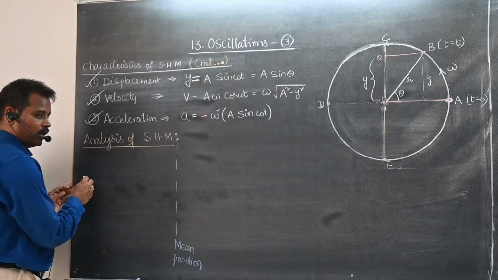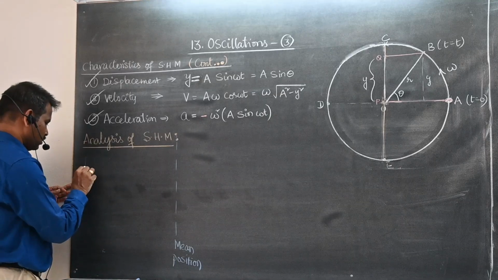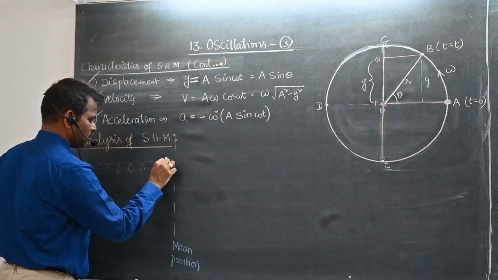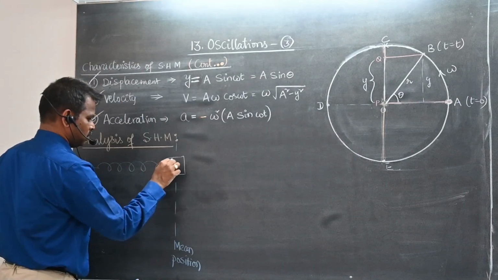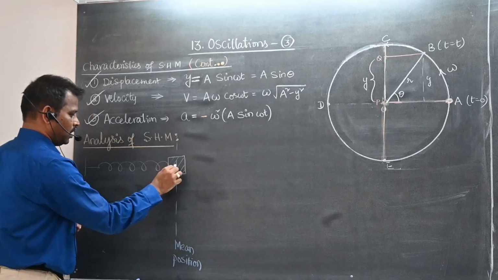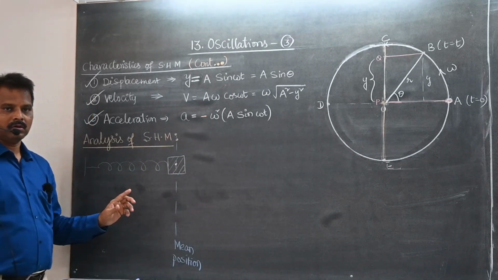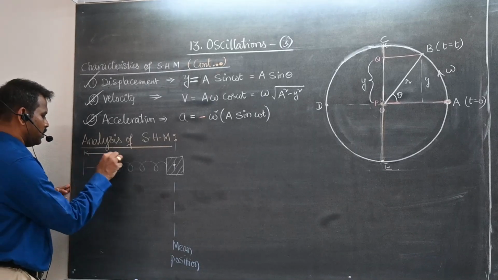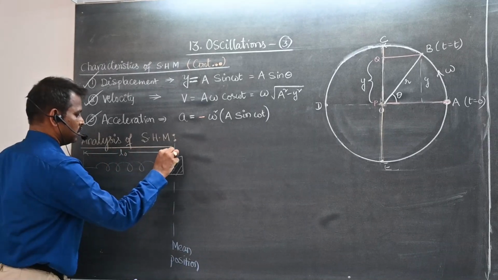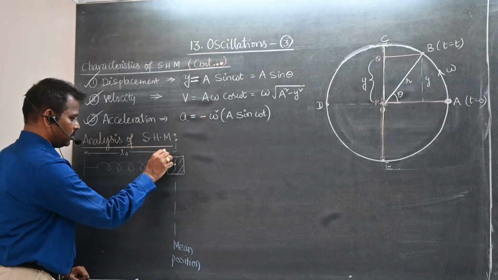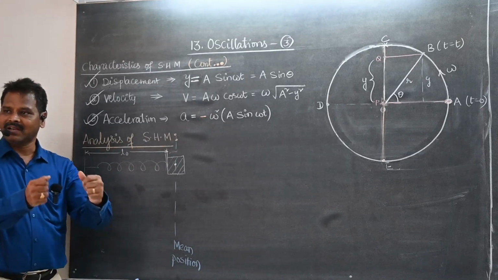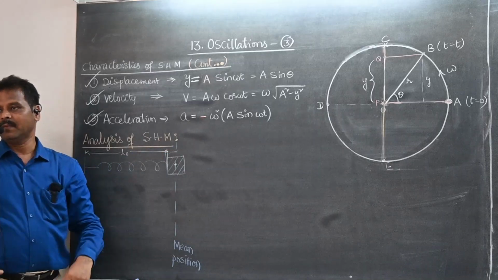For example, this is a body. Where is it now? It is at the mean position, and this is the natural length of the spring. It is not extended, it is not compressed.